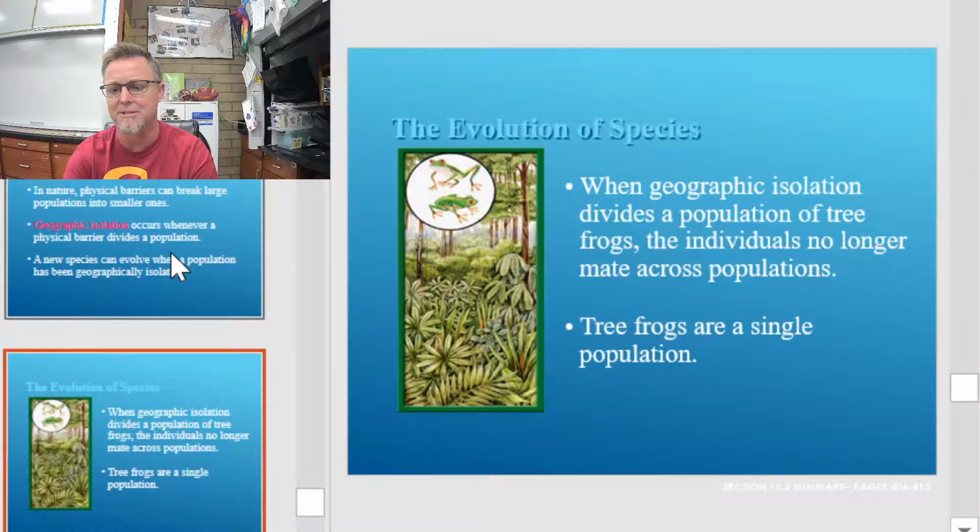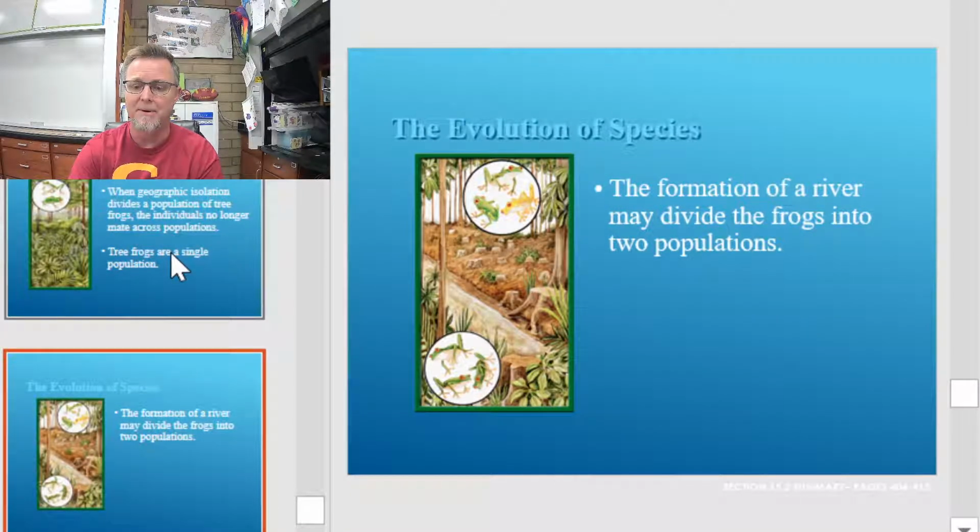Here's an example with some frogs. So we got this population of green frogs living in the forest. Okay. So what happens if these green frogs living in the forest are separated by like a road or a river or something that cuts through there, and then maybe humans come through and chop down all the trees? If you're on the side of the road that's still green, then you're a green frog.